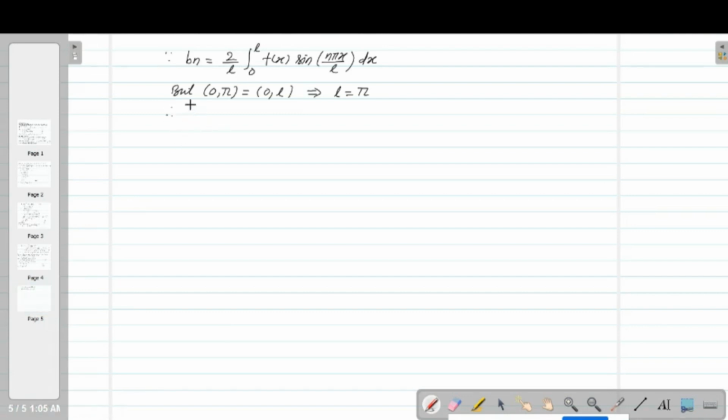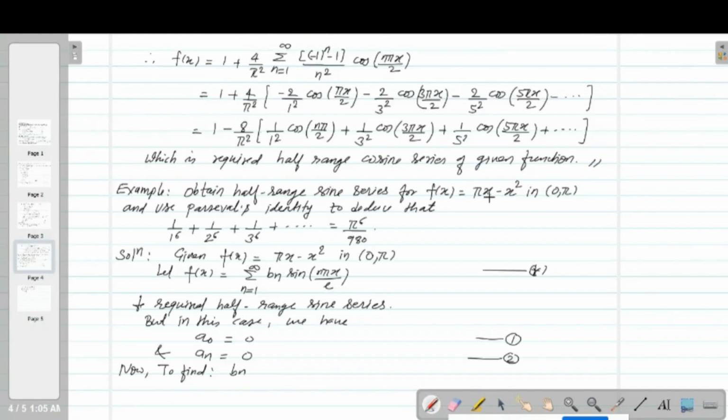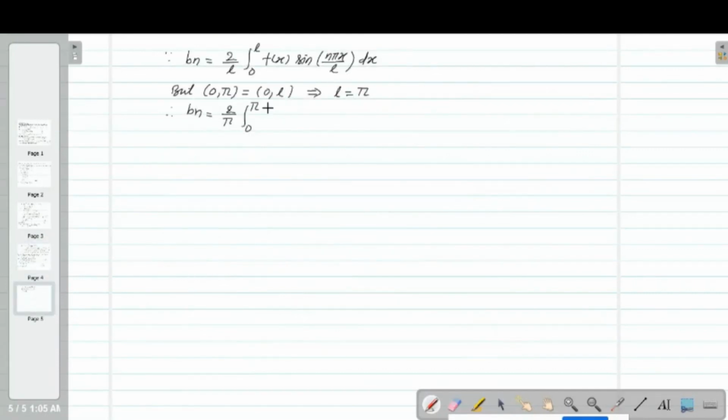Therefore, Bn is equal to 2 by pi. Instead of L, we put pi here. Integration with limits 0 to pi, f of x, where f of x is pi x minus x square, into sine n pi x by L, with L equal to pi, and dx.